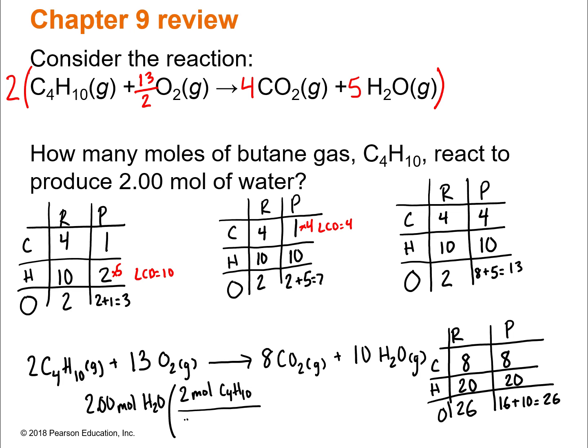And the water, we've got 5. So 2 over 5, that's 0.4. And 0.4 times 2 gives you 0.8.